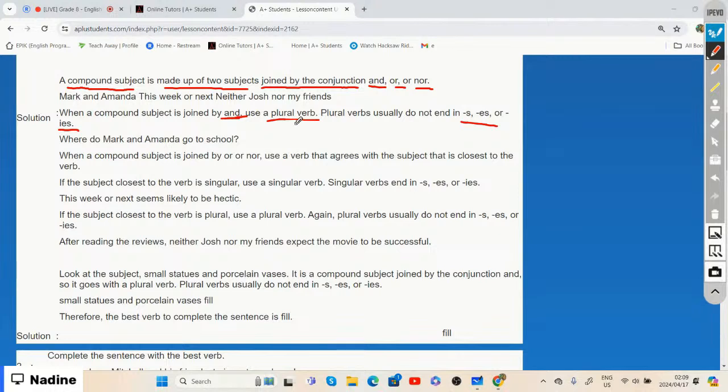All right, so we can say Mark and Amanda. That is a compound subject. It has two subjects, right?